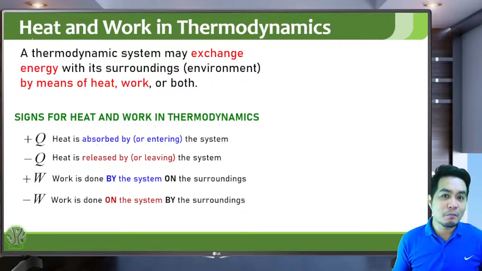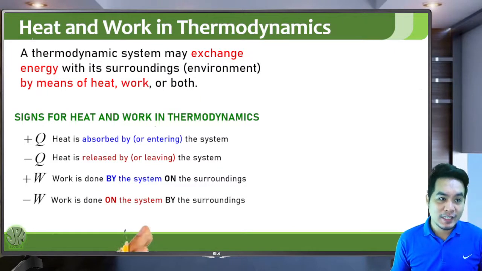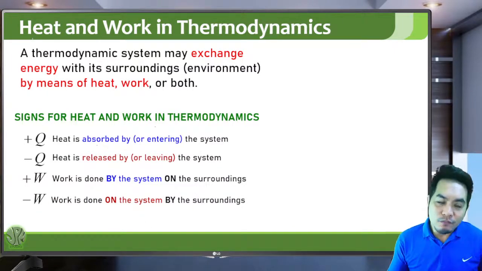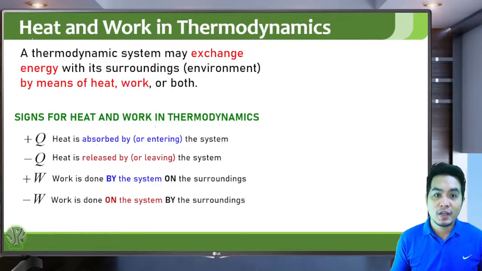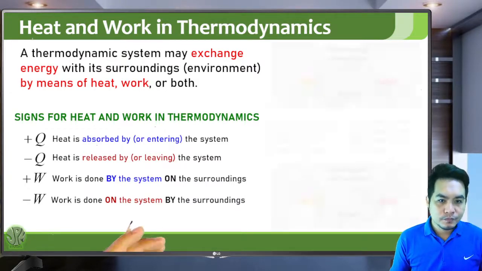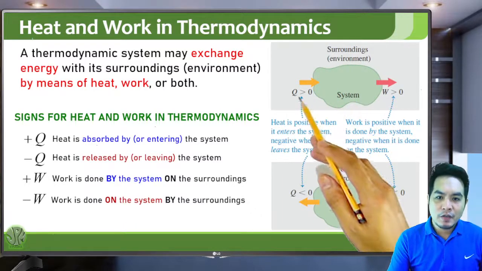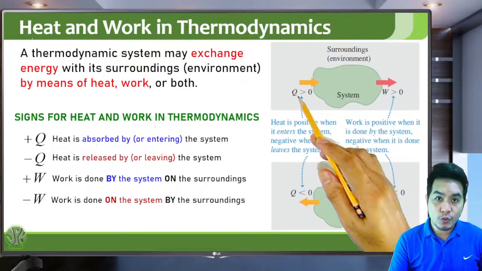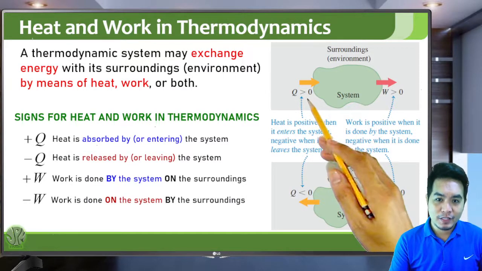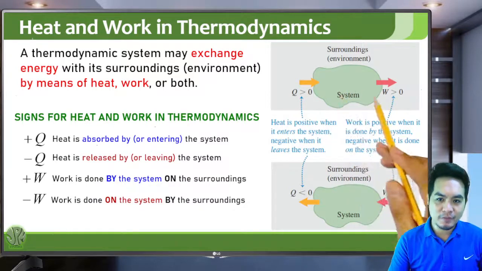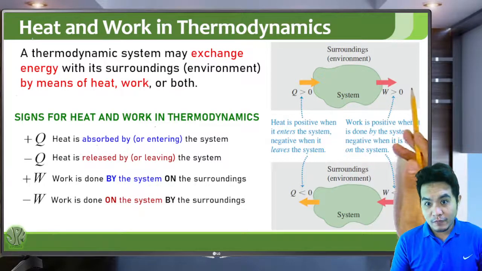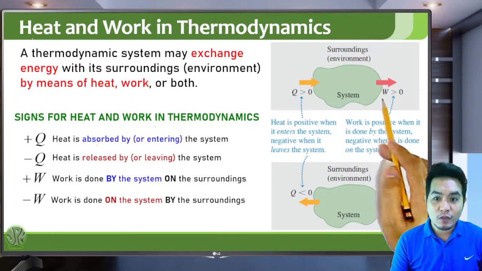Again, the surroundings can mean any objects in contact with your system. So the surrounding air, for instance, can be designated as your surroundings. For example, this is your thermodynamic system. If it absorbs heat, so Q is greater than 0 or positive, it means heat is entering the system. And if the system is the one doing work, then the work is positive.